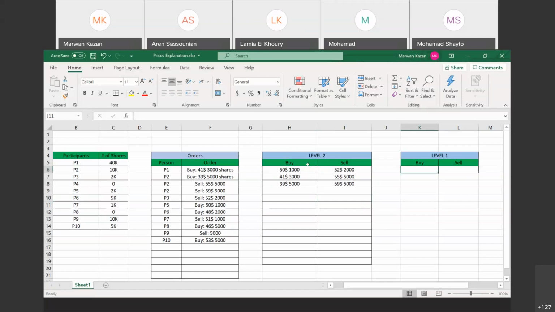It's basically a summary of level 2. Level 1 only shows you the best price to buy and the best price to sell. So basically here it's gonna be 50, 1,000, and on the other hand it's 52, 2,000. Let's continue now, and I'm gonna talk later about something important for level 1.